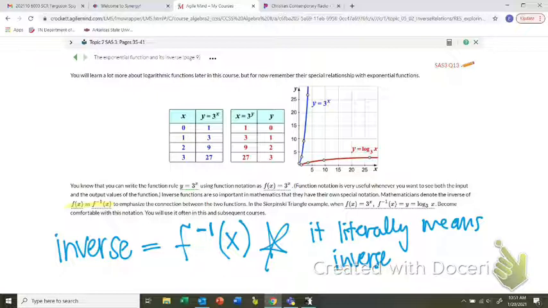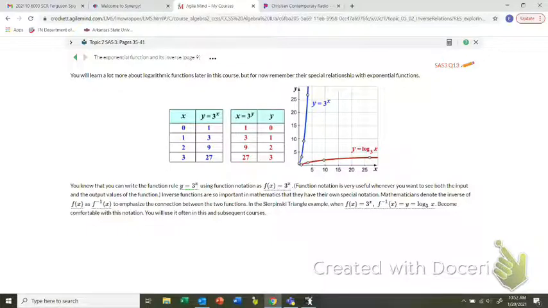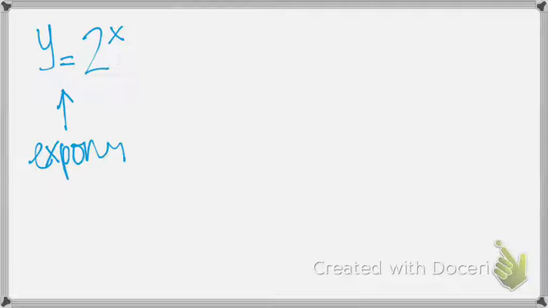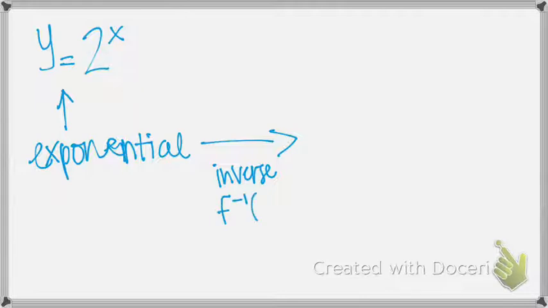All right. Now, let's look at 14 and 15. So 14. What is the inverse of y equals 2 to the x? All right, this is exponential. The inverse, please write this down, is a log.